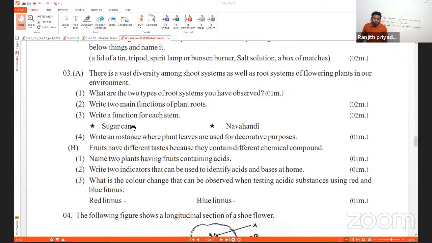They store food as a sugar. Sucrose is the type of sugar that exists in sugar cane juice, so the stem stores food as sucrose.